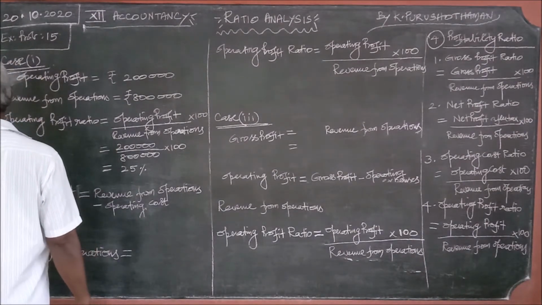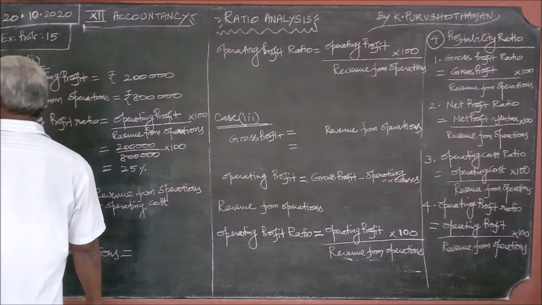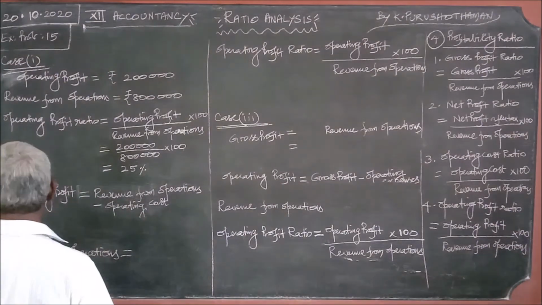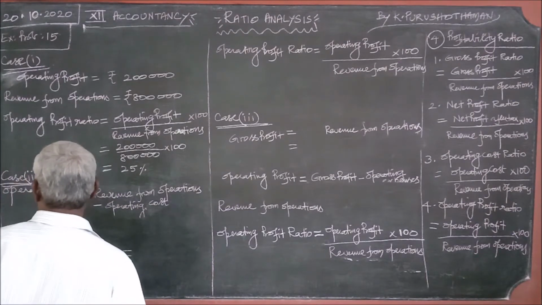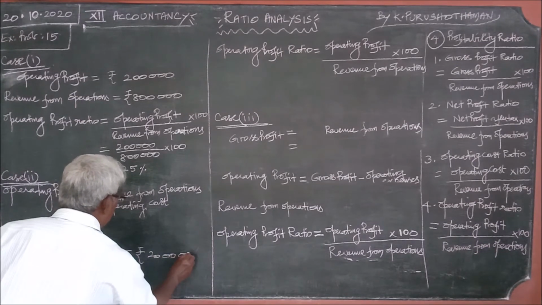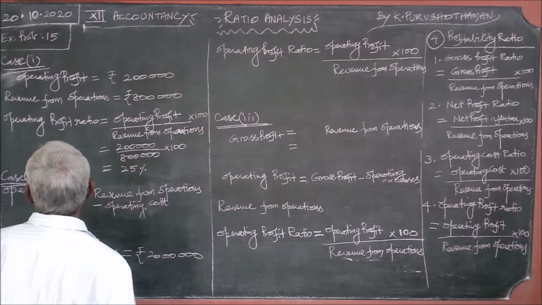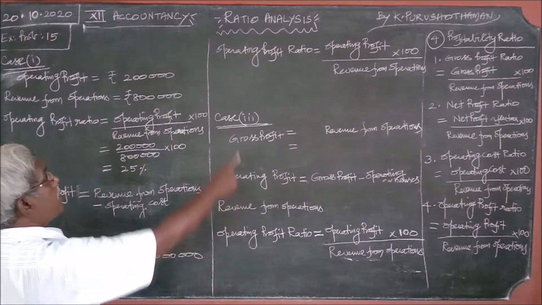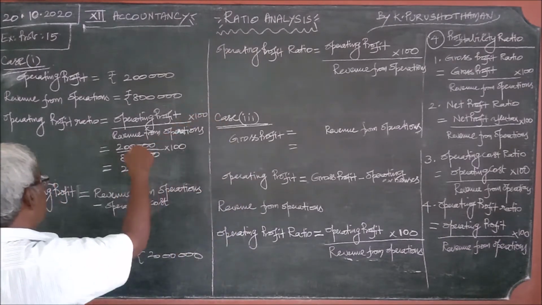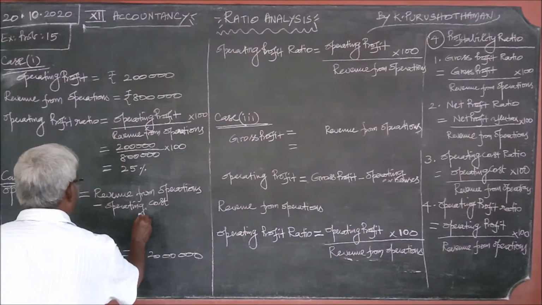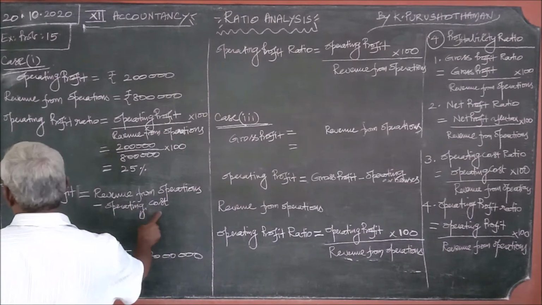Then in second case, revenue from operations. In second case you see, revenue from operations 20 lakhs. Right. Here in case 2, the operating profit which is required for the numerator is not given straight away. Further, what is given? The operating cost is given.